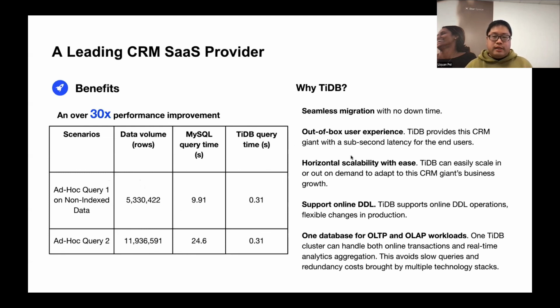The reason they chose TiDB is that TiDB offers an out-of-the-box user experience, and it provides sub-second latency for the end user. And it is horizontally scalable, as I mentioned. All the information about data distribution, secondary indexes, and the distribution of secondary indexes is transparent to the user.